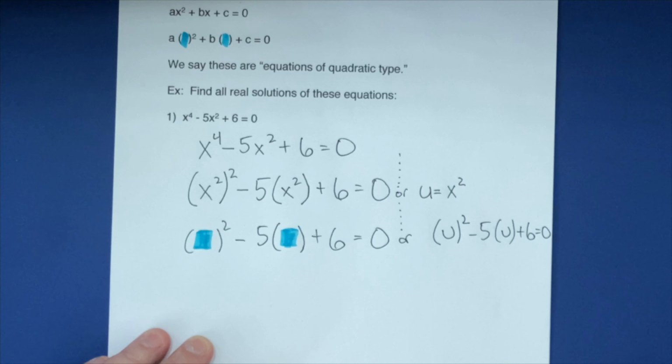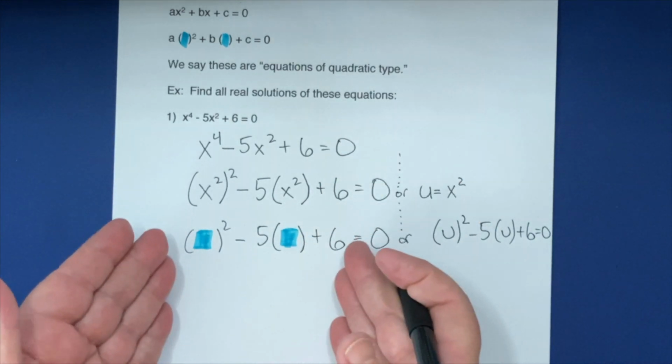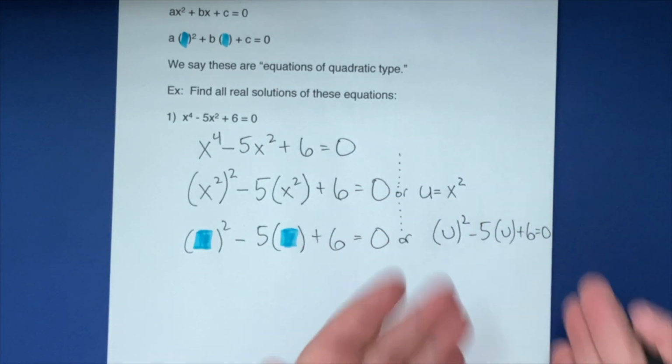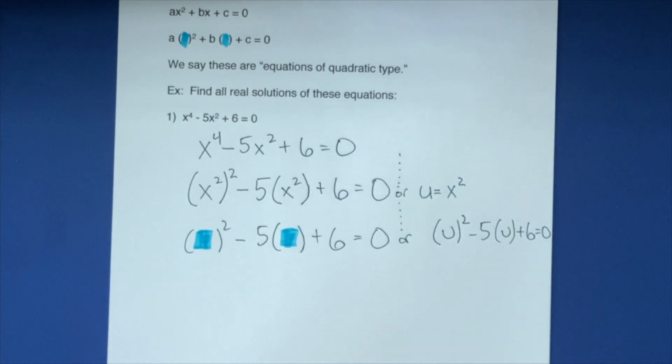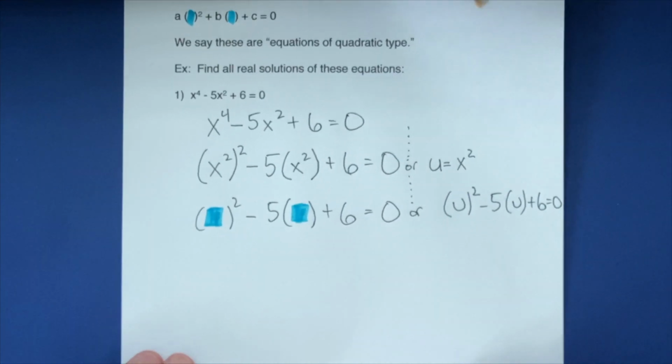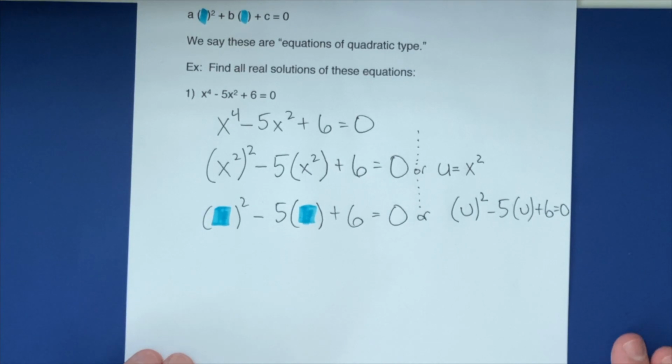So you can look at it either as being just seeing it as a quadratic type like this, or actually doing a substitution. It works either way. And either way, we're going to use the quadratic formula.